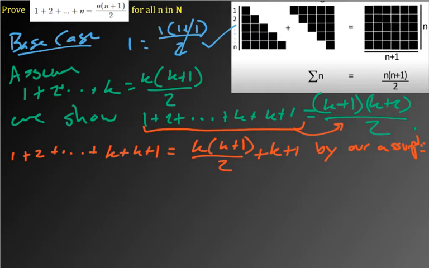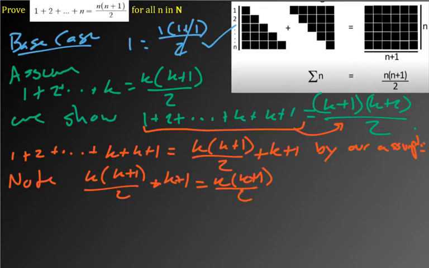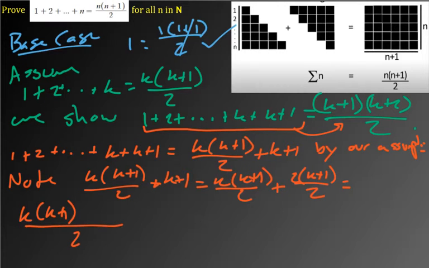And then just say something like, note k times k plus 1 over 2 plus k plus 1 equals k times k plus 1 over 2 plus 2 times k plus 1 over 2, just getting common denominators, which is then k times k plus 1 over 2 plus 2 times k plus 1.